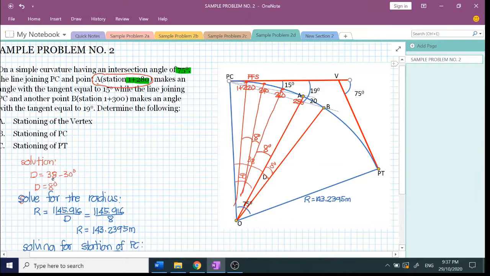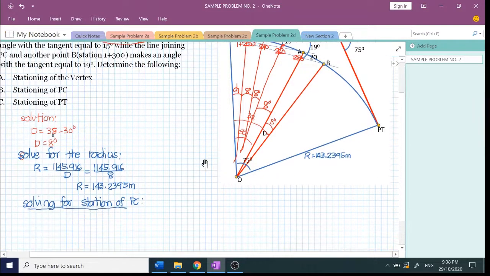Ito ay 8 degrees din. At mapapansin natin, itong natitirang ito will be our D sub 1. And that D sub 1 will be equal to how much? Will be the difference between 30 and 24. And we should expect that D sub 1 will be equal to 6 degrees.